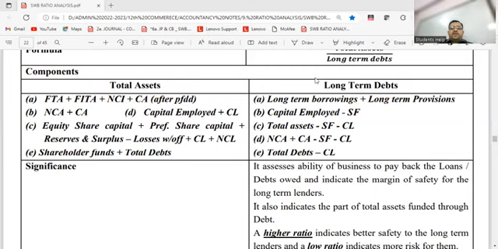So let's very quickly, please draw this. People might say, sir, what is this? This indicates a sign of the so-called margin of safety for long-term lenders. Heard this? Okay.